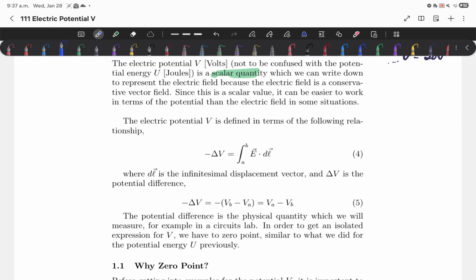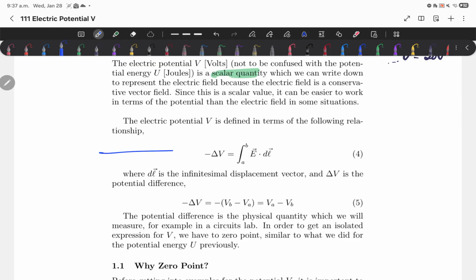So how is it defined? The electric potential difference, so negative delta V, is equal to the integral of the electric field dot product with the infinitesimal displacement vector. For example, on the x-axis, that would just be Ex dx.